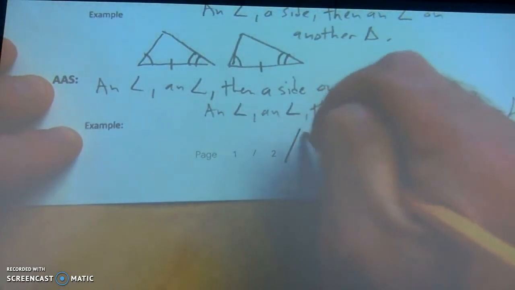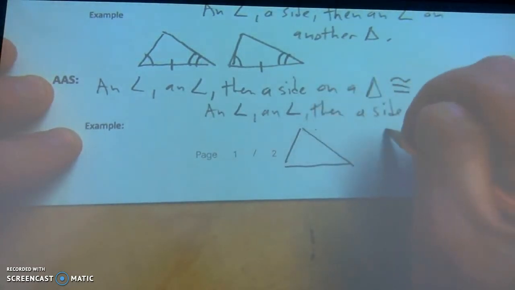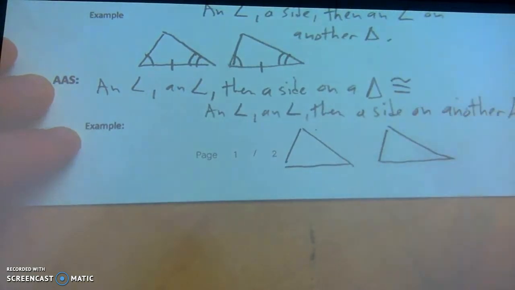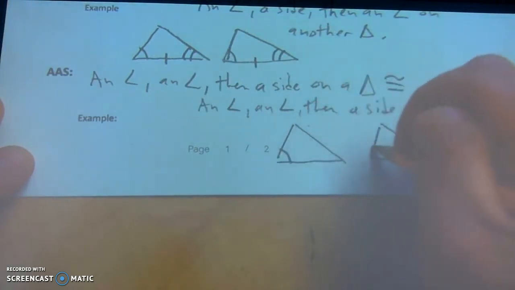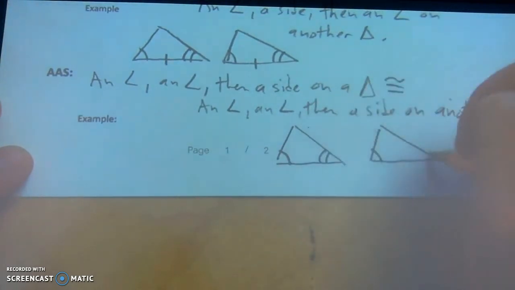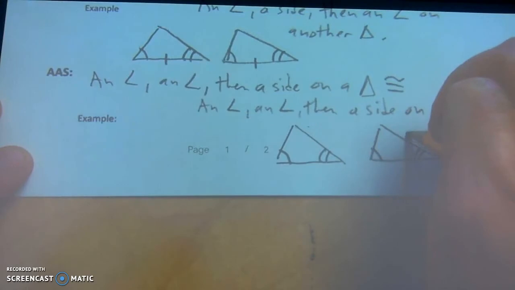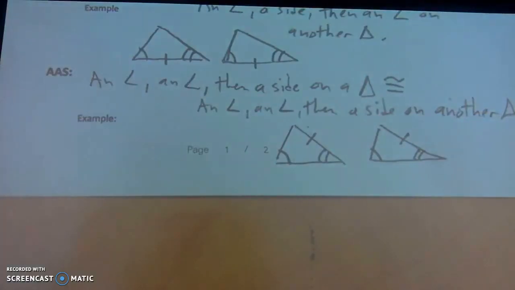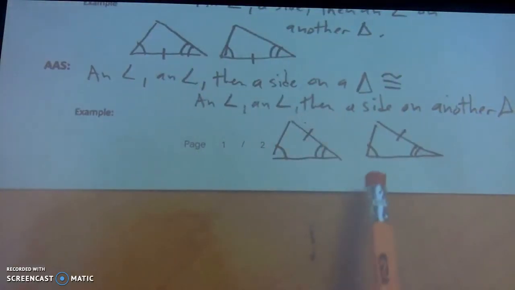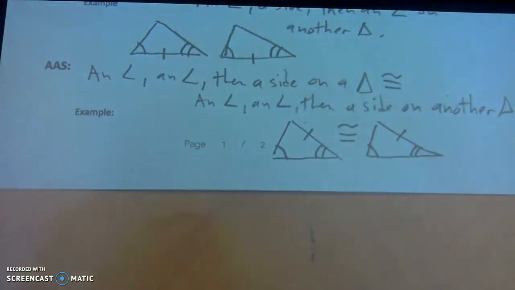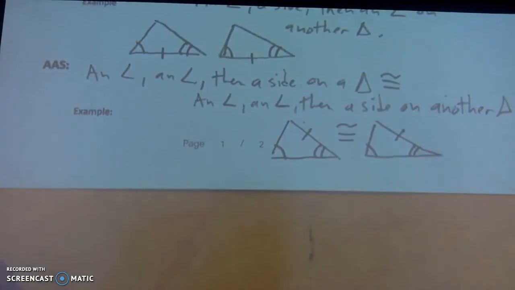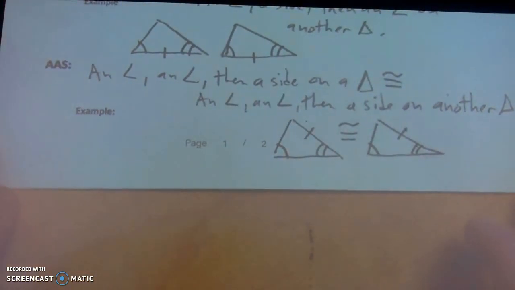So let's draw something that looks a lot like the one up above there, except it's going to look a little different. We've got an angle, then another angle, and then a side. Okay, an angle, angle, and a side, matching an angle, angle, and a side. If that happens, these are congruent. The one thing to notice is the difference between angle, side, angle, and angle, angle, side.